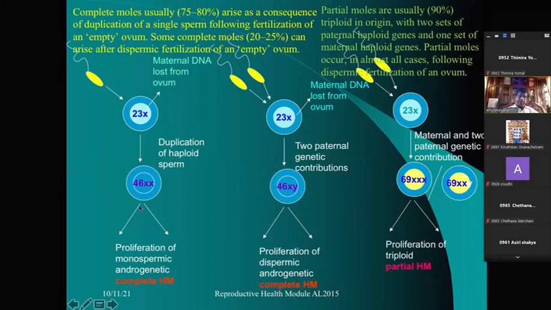Now, most of the time, it is a single sperm with duplication that happens, about 75% of the time, but about 25% of the time, it's two sperms fertilizing an egg, which ultimately leads to this situation called trophoblastic disease.